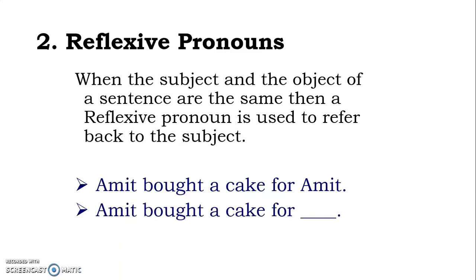So what kind of pronoun are we going to use? Amit bought a cake for, the answer is himself. So here the word himself is referring back to Amit. So such kind of words are known as reflexive pronouns.